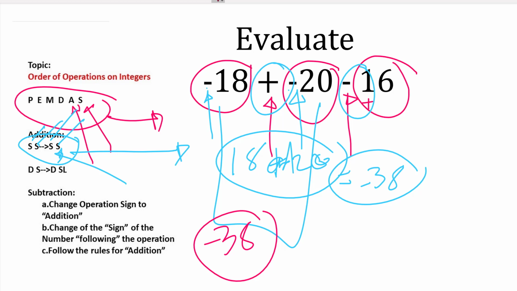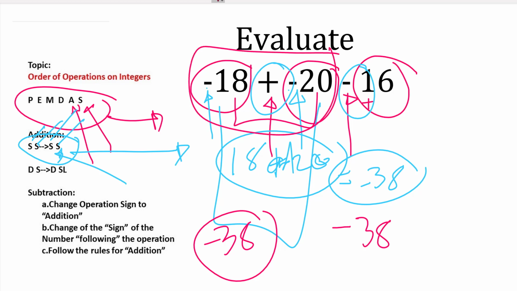So we're proceeding from left to right. In effect, you will have minus 38, which is the result of these two, and then minus 16.